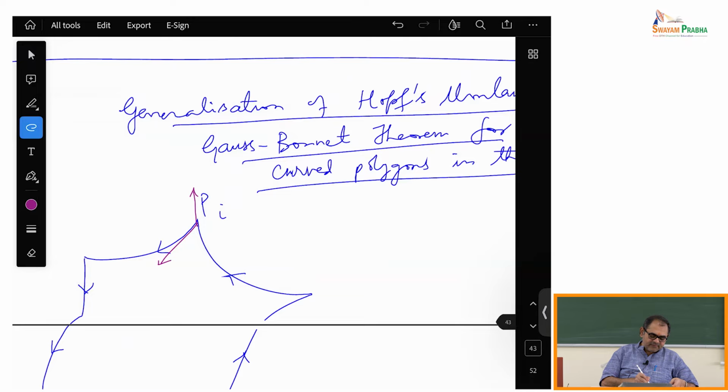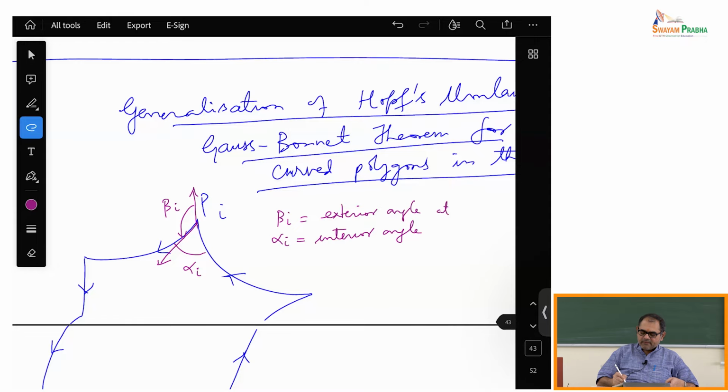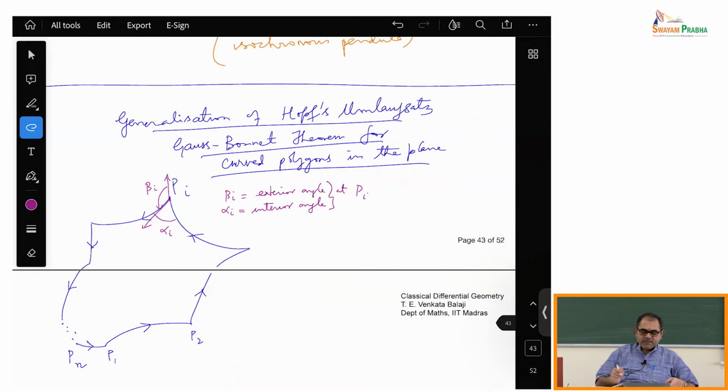And then there is this angle, which I'll call beta I. This is the exterior angle. And then you have also the interior angle, which is alpha I. So alpha I is the interior angle, and beta I is the exterior angle at Pi, okay.